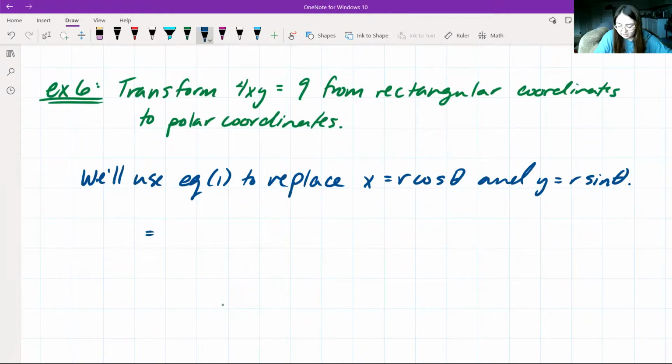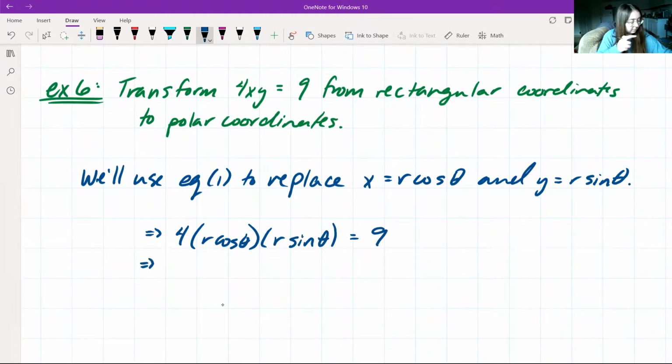If we did this, this means that we'll end up getting 4 times r cosine theta times r sine of theta, which is equal to 9. Then if we combine these, we can just rewrite this as 4r squared times cosine theta times sine of theta, which is equal to 9.